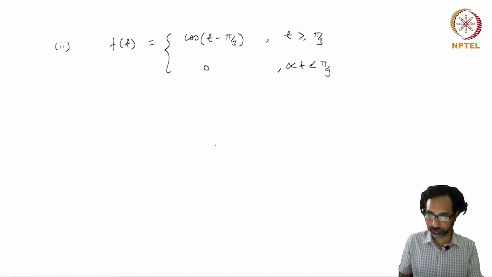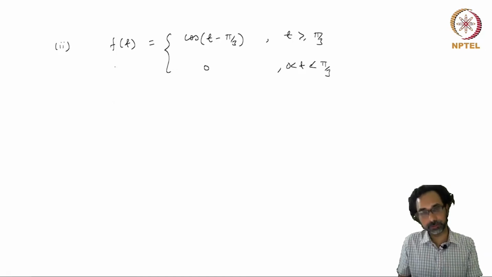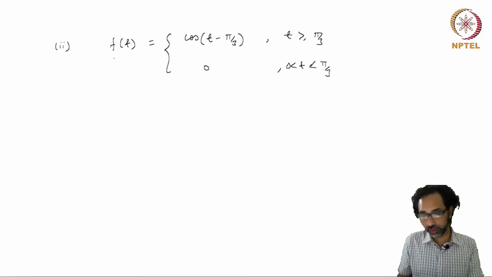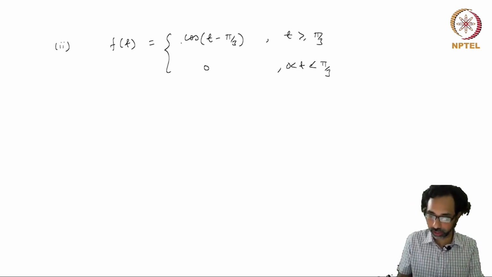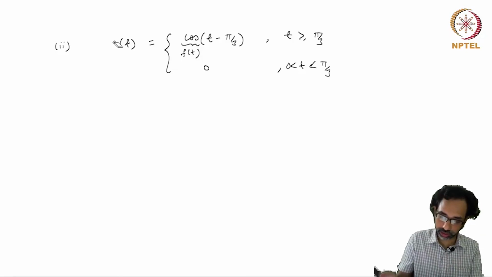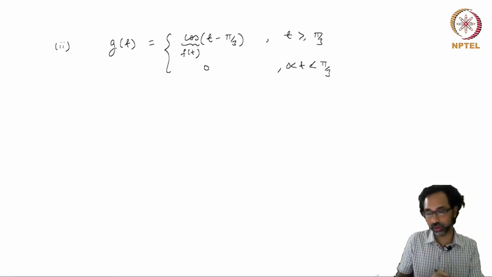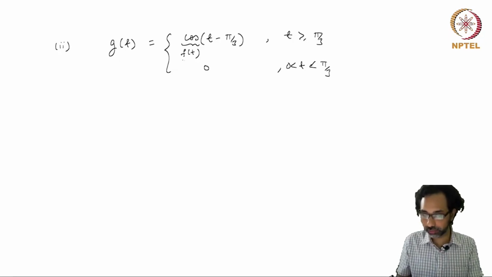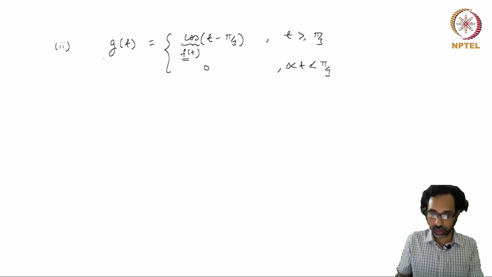This is simply the way we define the shift g(t) from f(t). Let me write this as g(t) so that no confusion occurs. This new function is defined using the cos function, which is f(t), and we define g(t) using the shifting in the domain.